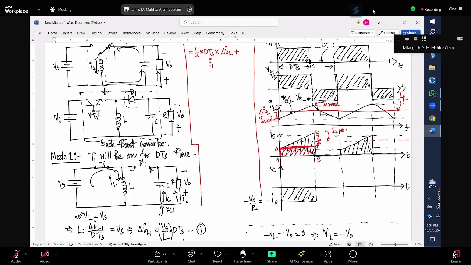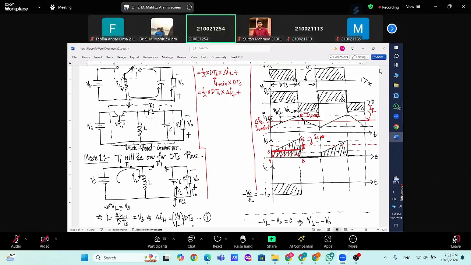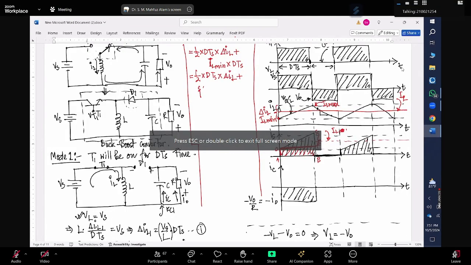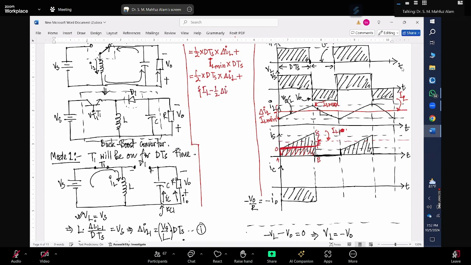So it should be IL min multiplied by D into Ts. What is IL min? Half multiplied by D into Ts multiplied by del IL, then plus IL min, which is IL minus half into del IL, right? That should be your IL min.